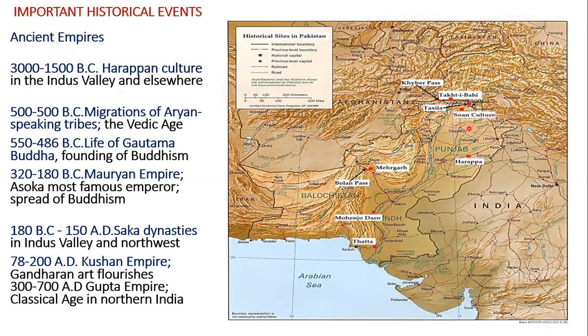Here it is the Soan River, Rawalpindi, Islamabad, where we are sitting at this moment. And these people traveled along the highest mountains of the Himalaya.